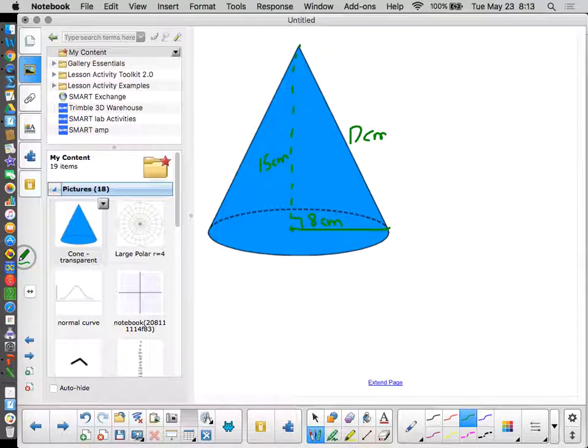Well, again, surface area. Now, you do have special formulas on your sheet, I believe, for cones, right? Let me look. Surface area of a cone, pi r squared plus pi r L. Okay?